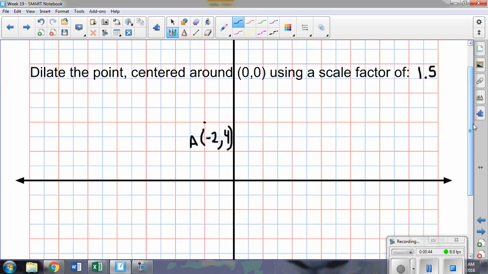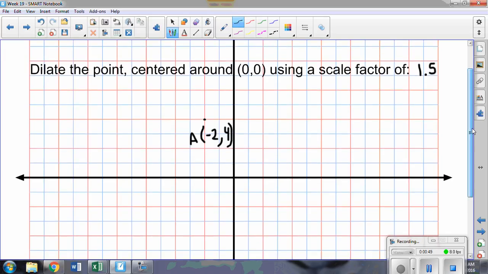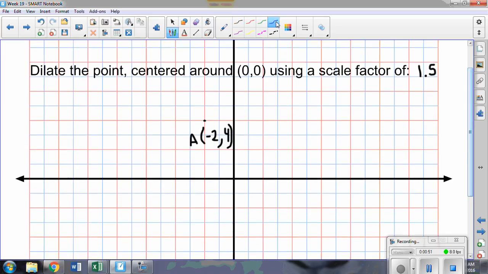Dilate a point centered around the origin (0, 0) using a scale factor of 1.5. We discussed previously that since it's centered at the origin, we just have the quick arrow notation shortcut: multiply both the coordinates by the scale factor.